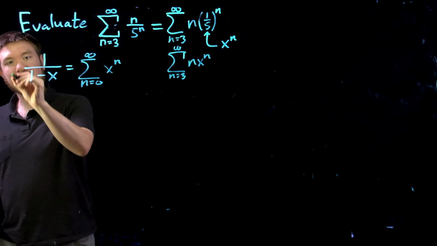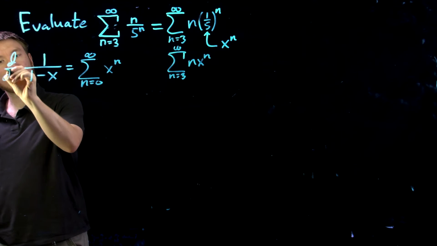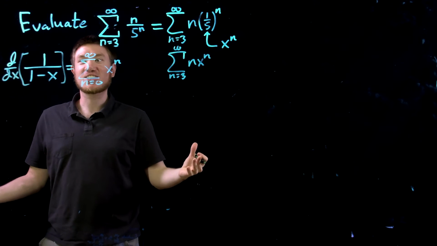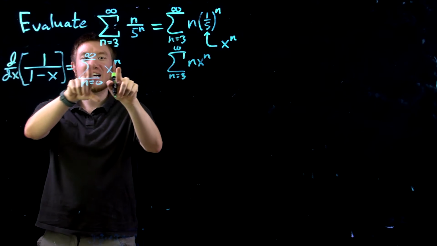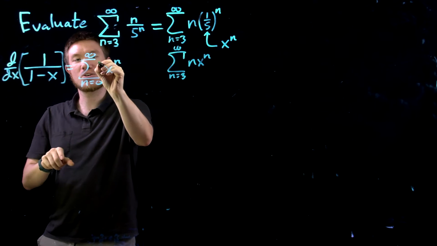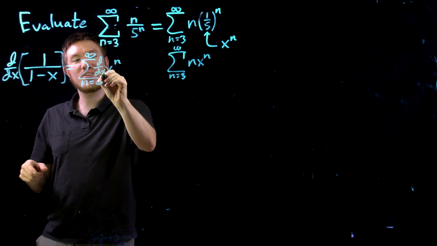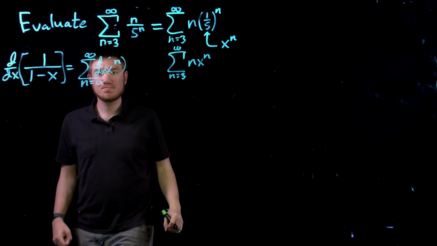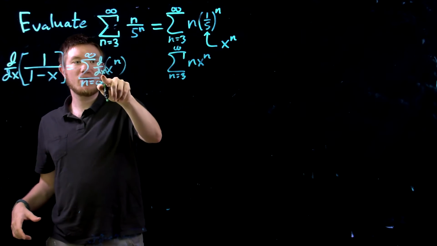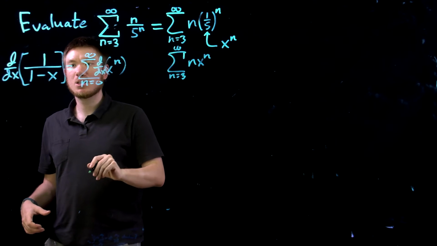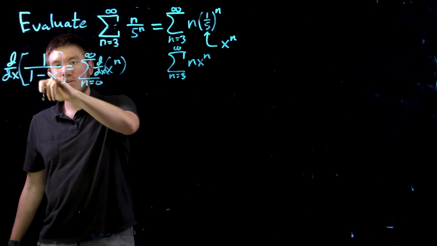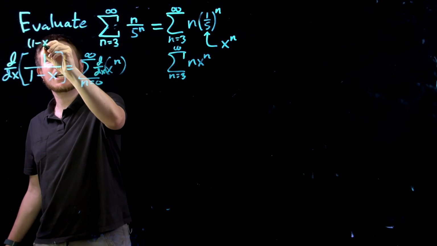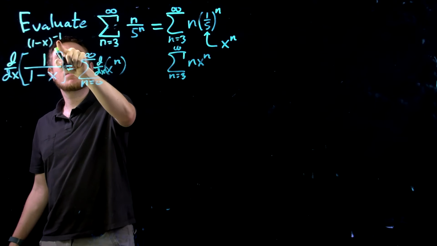So the first thing we do is take the derivative of both sides. And by a miracle of analysis, we are able to differentiate power series term by term, meaning that we can bring the derivative inside of our sum and evaluate this very simple power rule. On the left-hand side, we think about 1 over 1 minus x as 1 minus x to the minus first, and then we can apply the power rule.